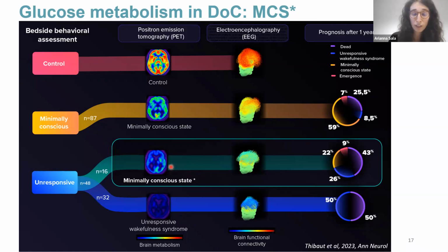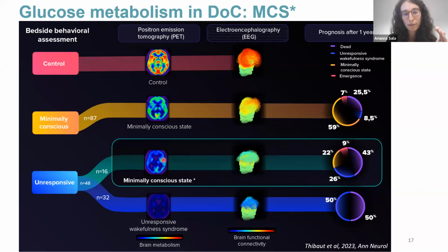So those that are behaviorally unresponsive, but whose PET scan is not as compromised as one would expect. And so we can differentiate between these patients and the true unresponsive patients.